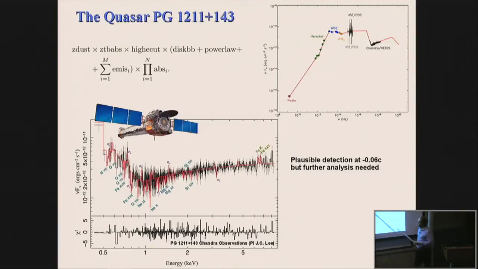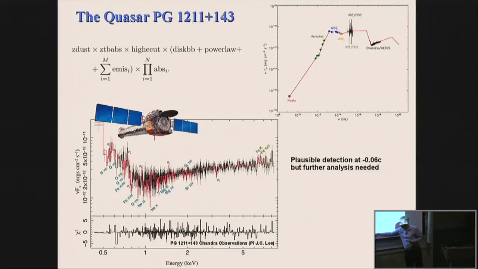Here you see the spectrum of the Chandra observation. The red line is a fitted model done using a blind searching code. As you see, there are several ionized absorber components here. And we found that this component has a velocity of 0.06 blueshifted.